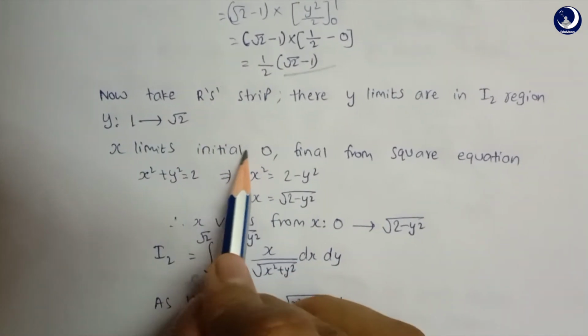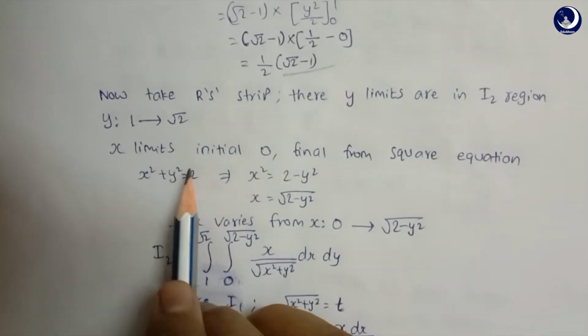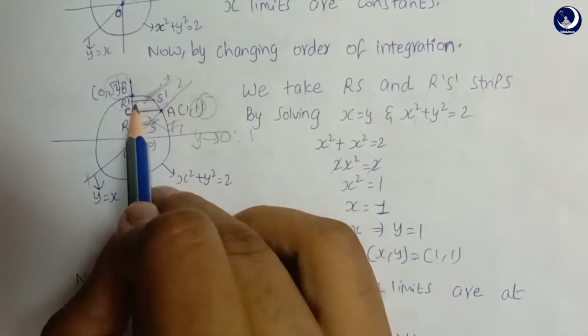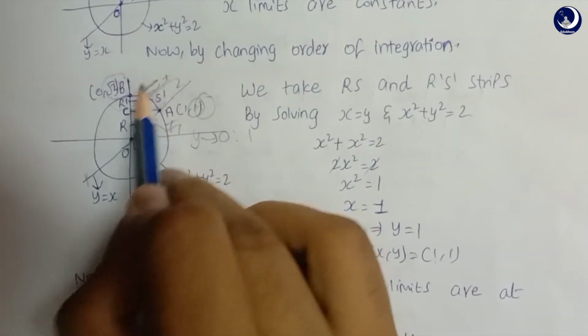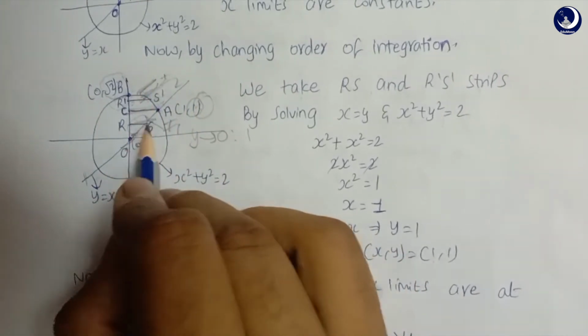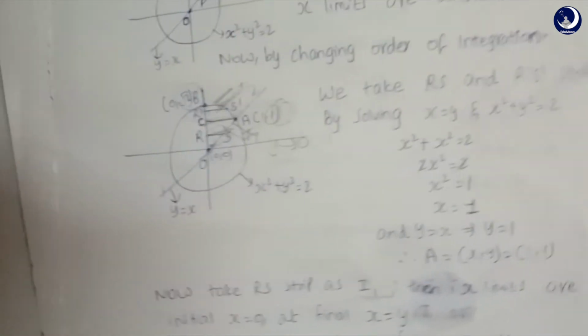The x limits start at 0, as per the given figure, and go up to the circle. Here we took the R dash S dash strip, which goes from 0 to the circle equation, and the line x equal to y.